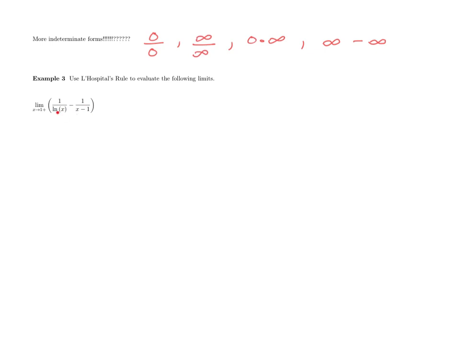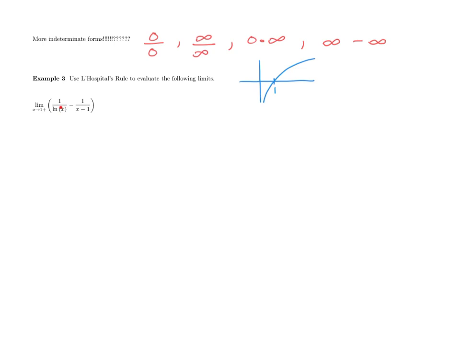To start with, here we have a difference of two functions. Will we get something that is of the form infinity minus infinity? Let's look at each piece to figure that out. What's going on with 1 divided by the natural log of x? To show that this goes to positive infinity, I think it will be enough just to graph the natural log of x itself, locate what happens at 1, and go from there.